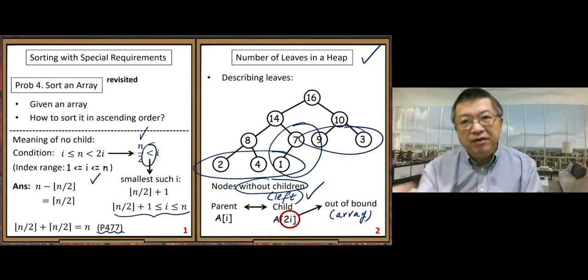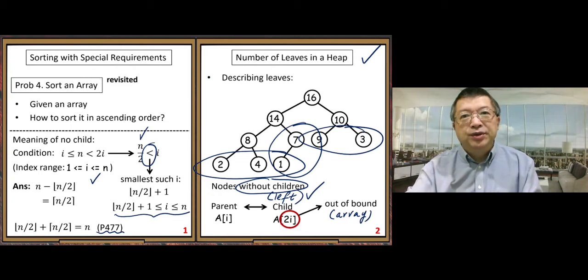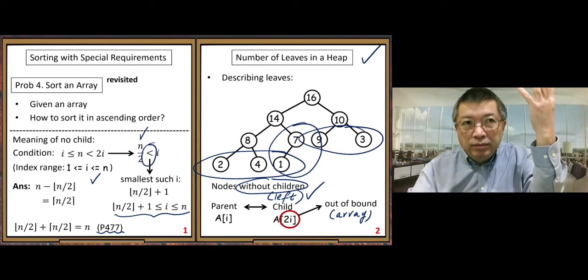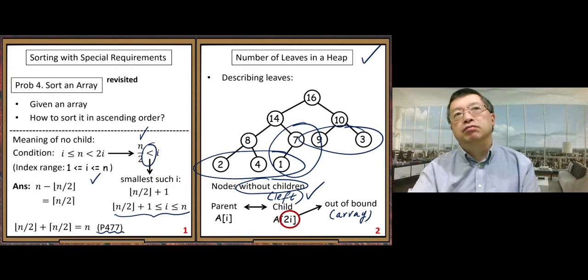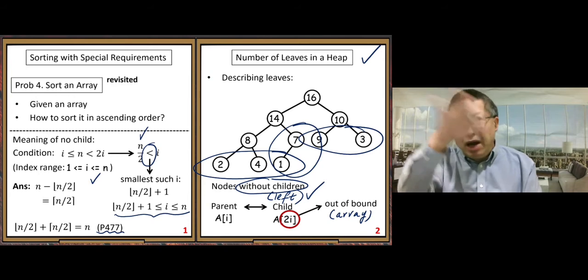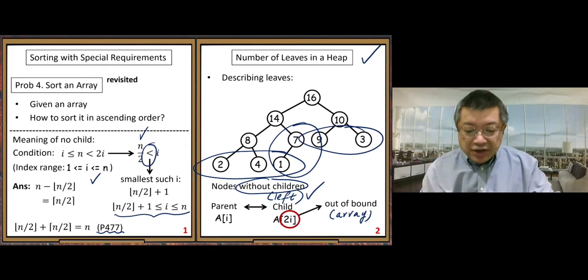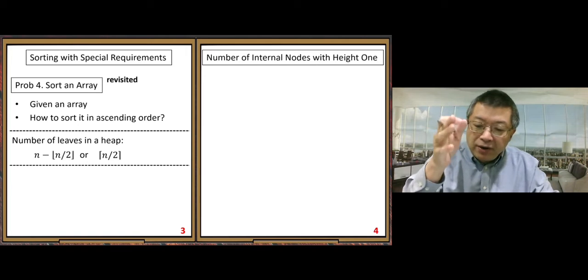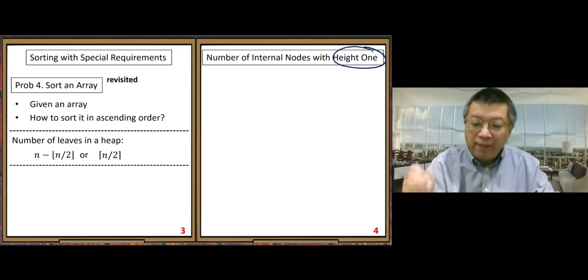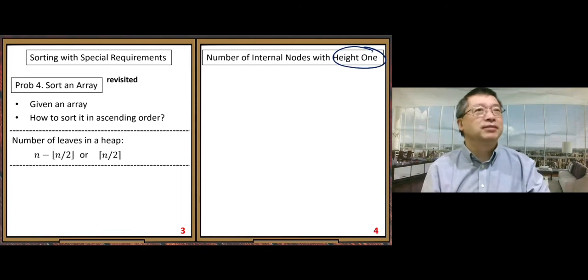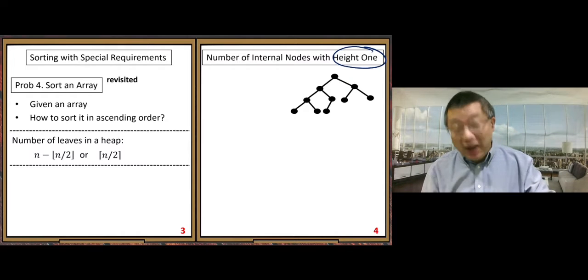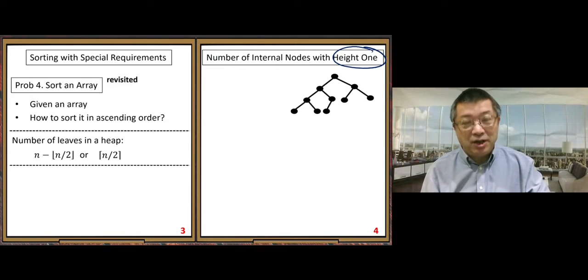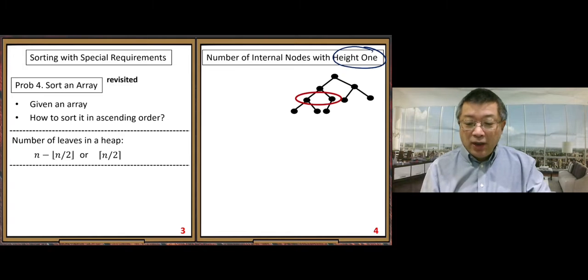But that's not enough. So we need to do more, next level, level by level. So the next level, let's look at the number of internal nodes with height 1, the height concept. So let me explain the height concept. What is the height concept? All right.